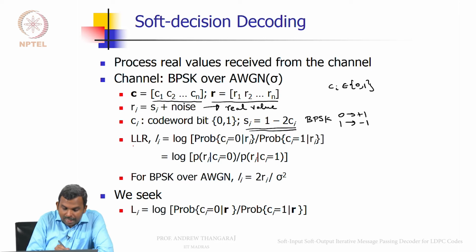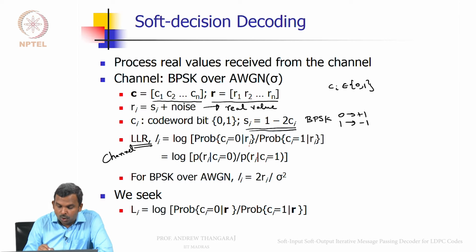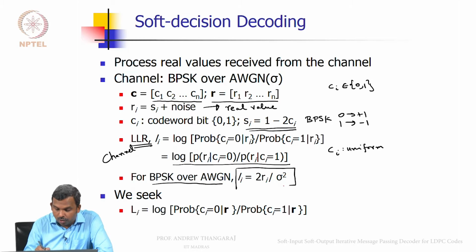We talked about this LLR, which is the channel LLR. Okay. Log of the ratio of probability of Ci given the particular received value Ri alone, and that becomes this, assuming Ci is uniform. Okay, then you have this, and for BPSK over AWGN you have this very simple formula for the LLR, right.